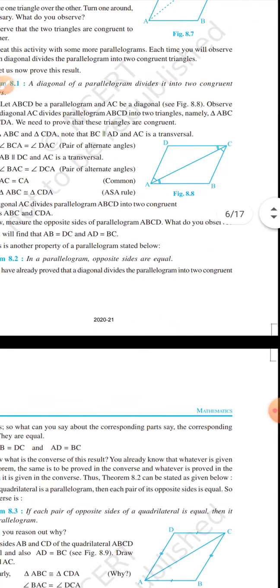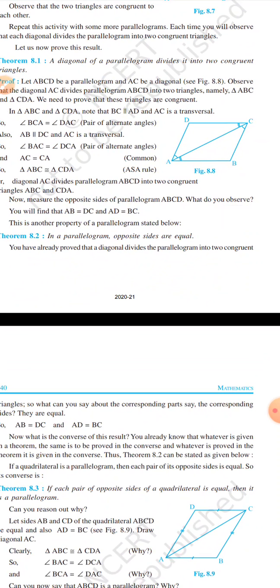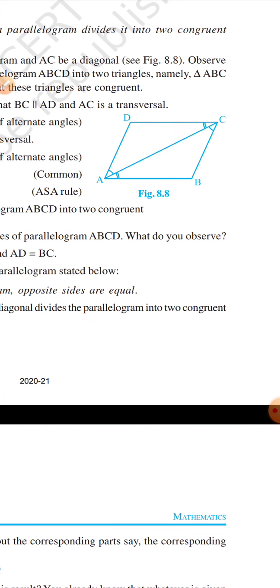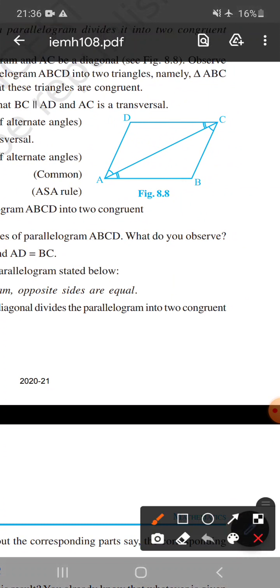Moving on to the next theorem, that is, in a parallelogram opposite sides are equal. So if we want to prove that in a parallelogram opposite sides are equal, as we proved that this triangle A, so by CPCT also we can say that side AB will be equal to side DC and side BC will be equal to side DA, right?